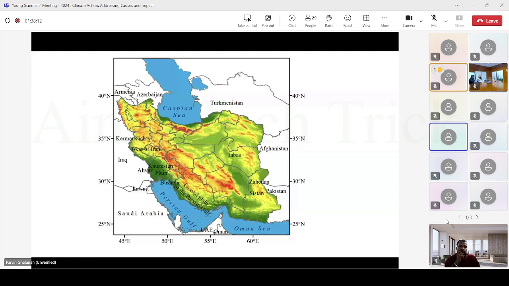And in subtropical area, for example, the coastal area of the Caspian Sea, we have the forest and the subtropical climate. The north edge of the country is humid with temperature rarely falling below freezing. And mountain areas, Zagros and Alborz mountains, are vast and reach over 5,000 meters in height.